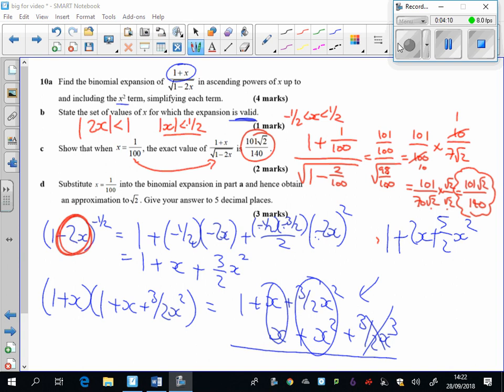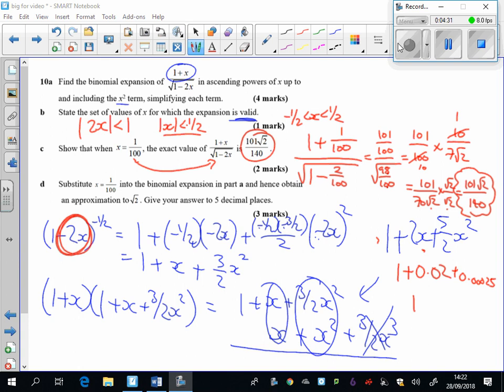Finally, we need to put the 1 over 100 into this bit here as well. So putting 1 over 100 into this gives me 1 plus 0.02 plus 0.0002, 5.